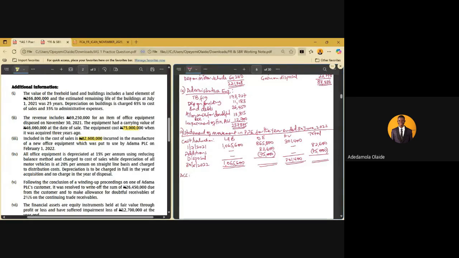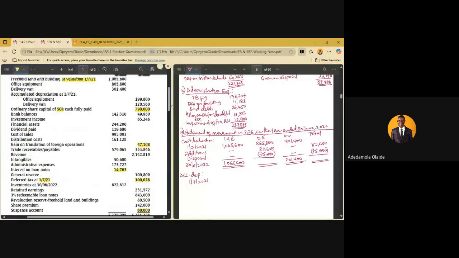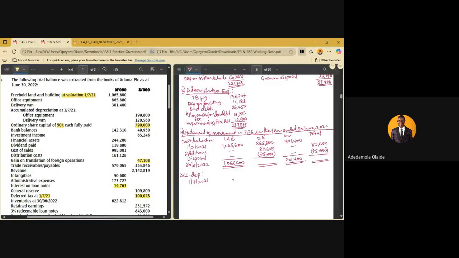Then accumulated depreciation 1/7/2021. Since this has been valued, it cannot have accumulated. 7,600. Which one? This one? 7,000? 600. I don't understand. 7,600 for total.